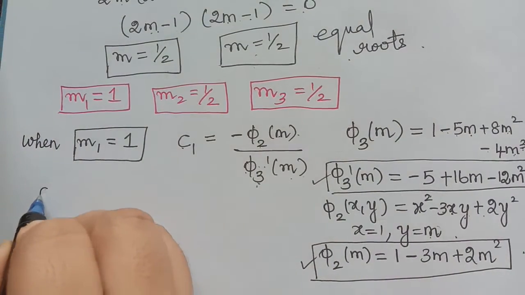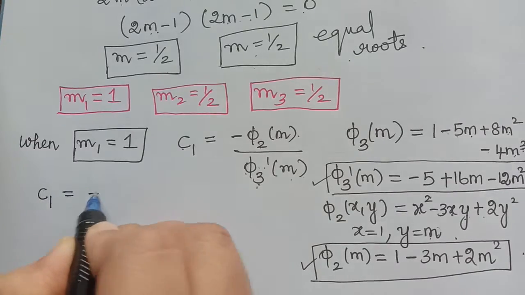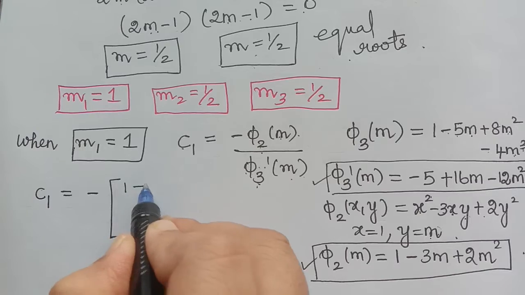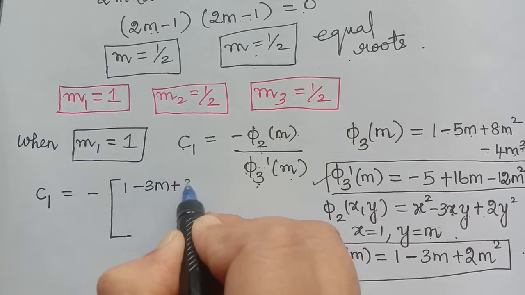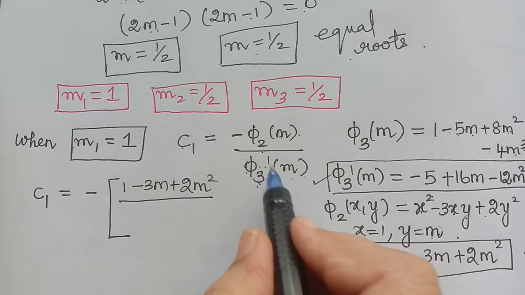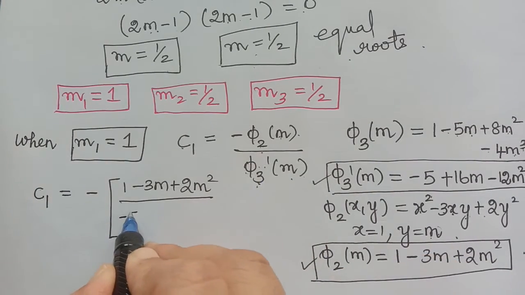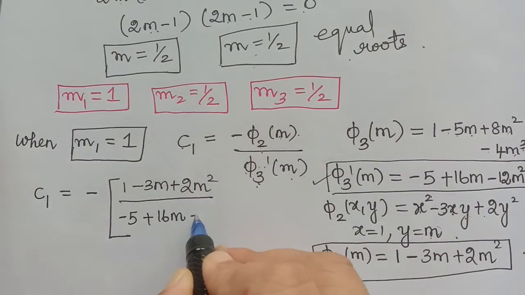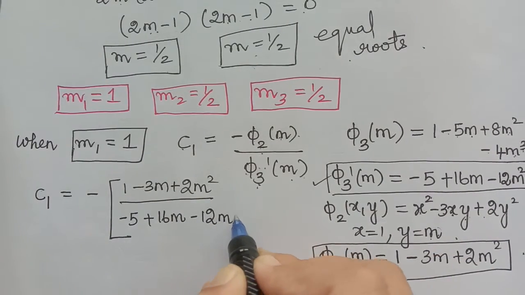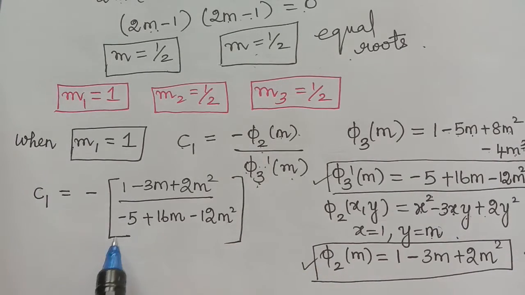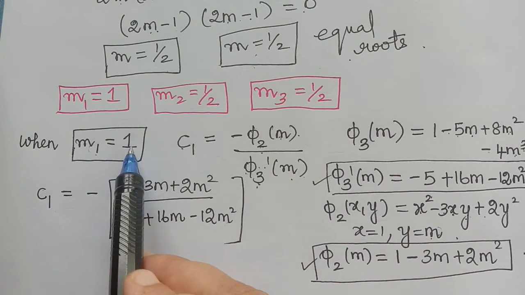So therefore the value of C1 is equal to minus of, what is phi 2 of m? 1 minus 3m plus 2m square divided by phi 3 dash of m, which is minus 5 plus 16m minus 12m square. After writing C1 equal to this, we all know that M1 is equal to 1.